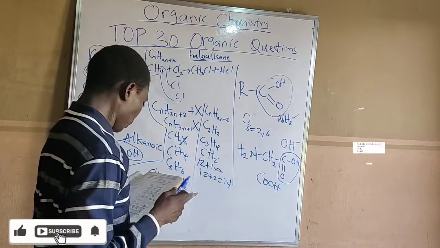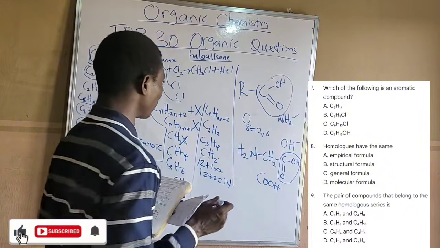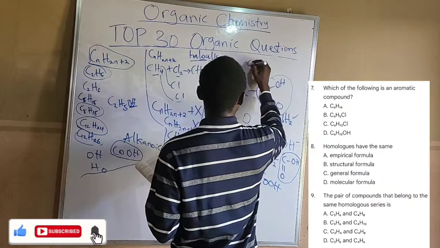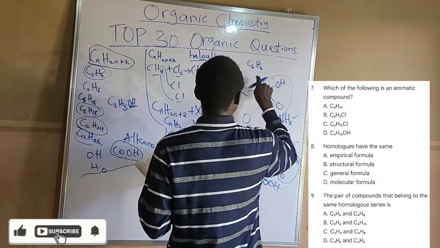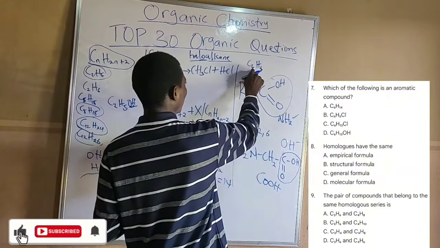Another question we have, how many questions are total? That is 6 questions. Now we have another one to be, which of the following is an aromatic compound? Aromatic, for example, benzene. Benzene has the formula of C6H6. The hydrogen and the carbon are the same numbers. 6 hydrogen, 6 carbons.